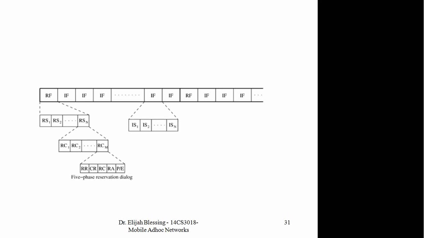If not, let's assume that there is no collision report, then it means that you are able to successfully do a reservation, and therefore you will receive something called a reservation confirmation. Now who sends the reservation confirmation? Is it the sending node or the receiving node? No, not the receiving node.